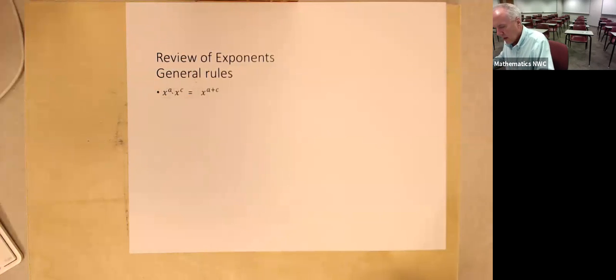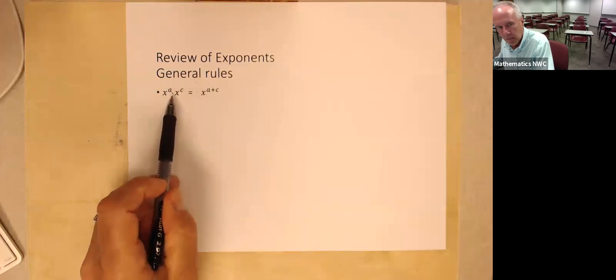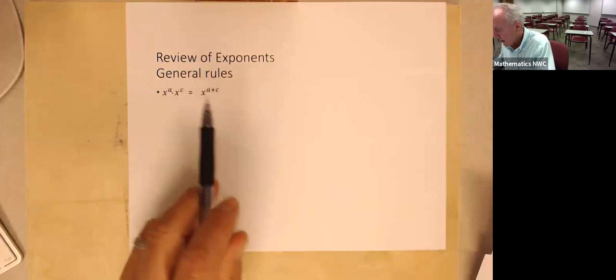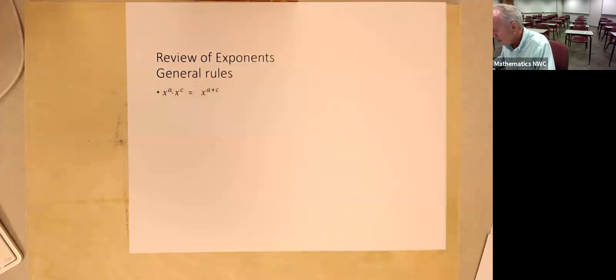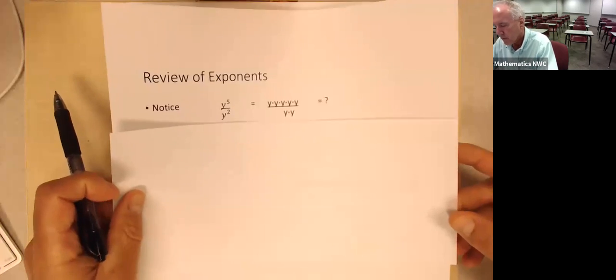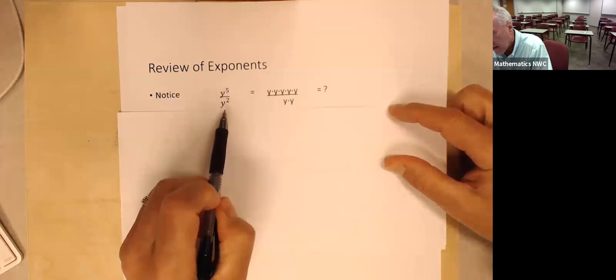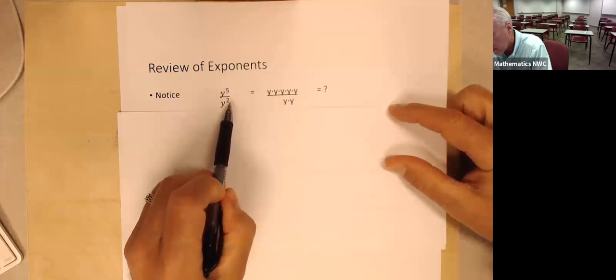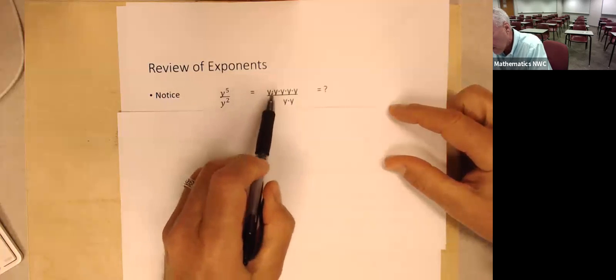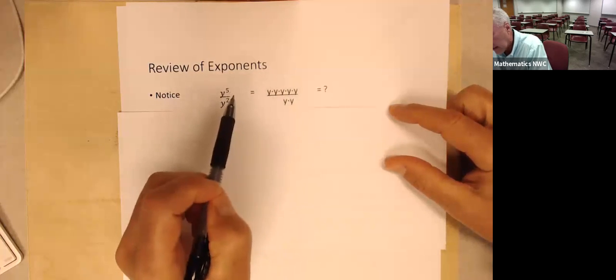Next, this was where I'm multiplying. We added the exponents. Now consider this one once. Y to the 5th divided by y squared. Well, y to the 5th we know is 5 y's being multiplied.